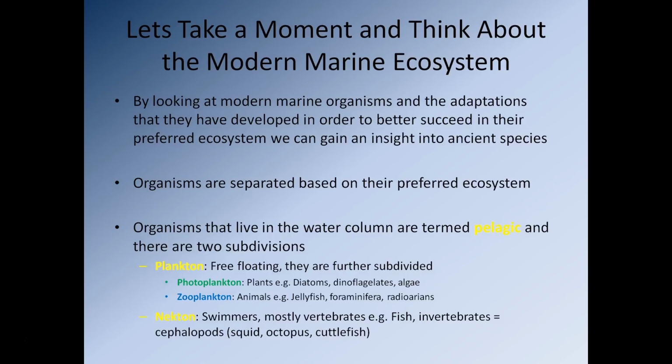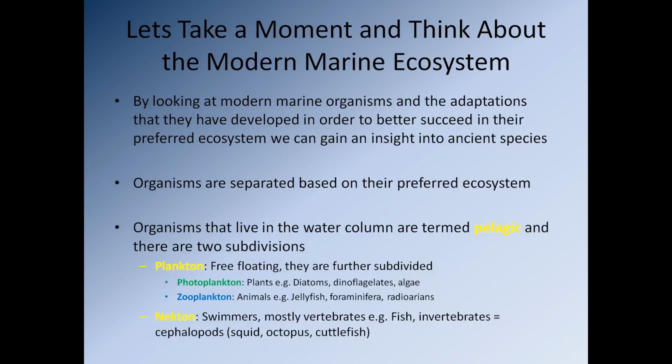And these organisms are typically split into two broad groups. There is the phytoplankton. Those are free-floating organisms that essentially photosynthesize, so they're plants. That includes groups like diatoms, dinoflagellates, and algae. And then we have the zooplankton, and those are animals like jellyfish, foraminifera, radiolarians, that essentially are animals, i.e. they have to ingest nutrients in order to survive.